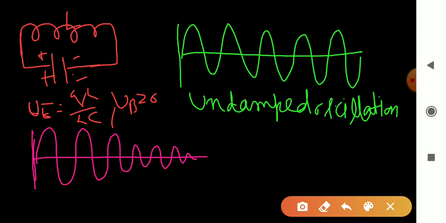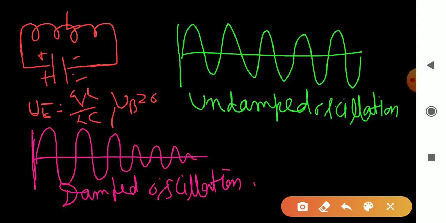Such types of oscillation are called damped oscillation. I hope these points are clear to you.